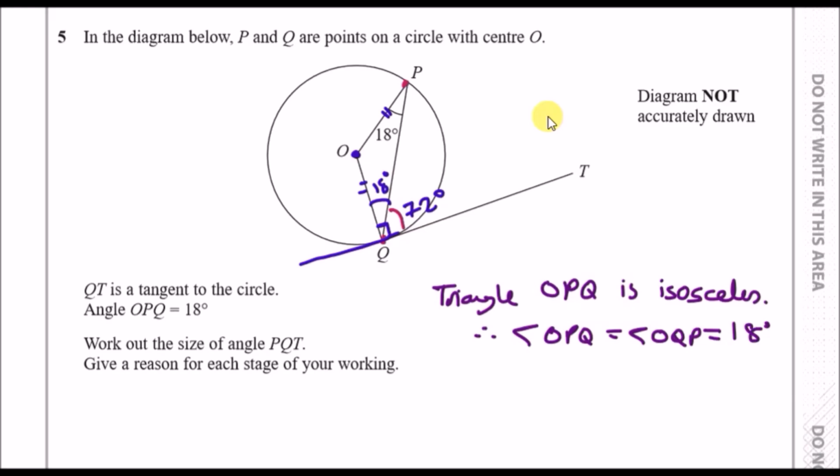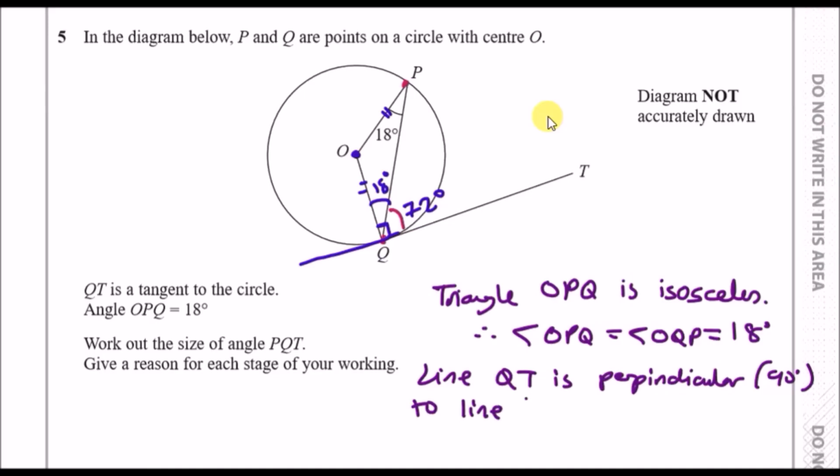And also we can say that the line QT is perpendicular, so at an angle of 90 degrees, to the radius OQ.